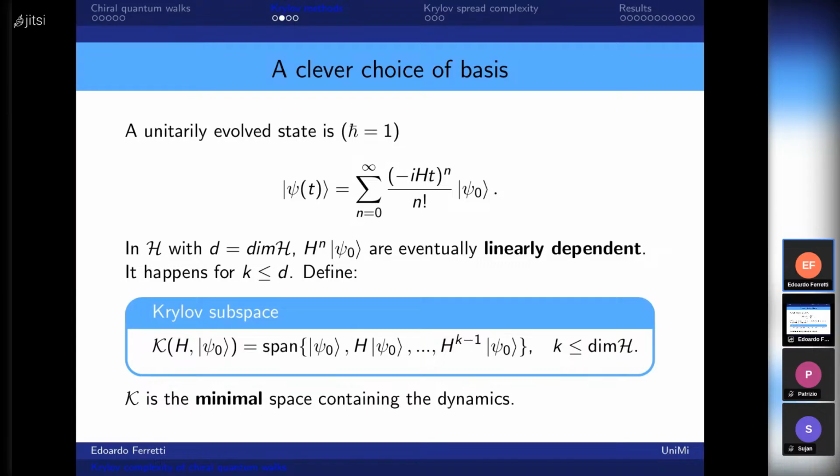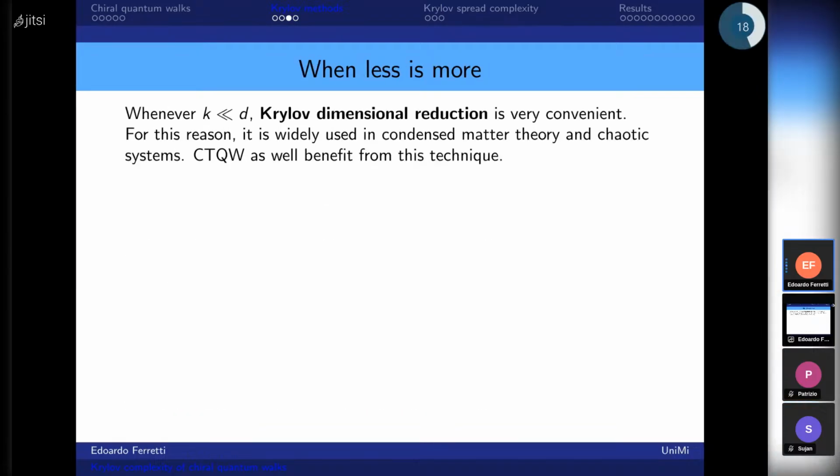Thinking again of an eigenstate, in that case, the Krylov subspace would have dimension 1, because it would just be the span of psi 0. So, with this choice of basis, by the way, those terms are not the basis vectors themselves, because they are in general not orthonormal. They have to be orthonormalized, which can be done with some computational methods, for example, the Gram-Schmidt algorithm.